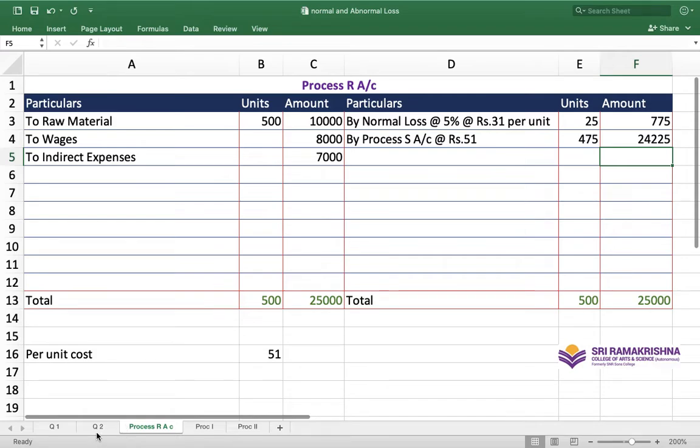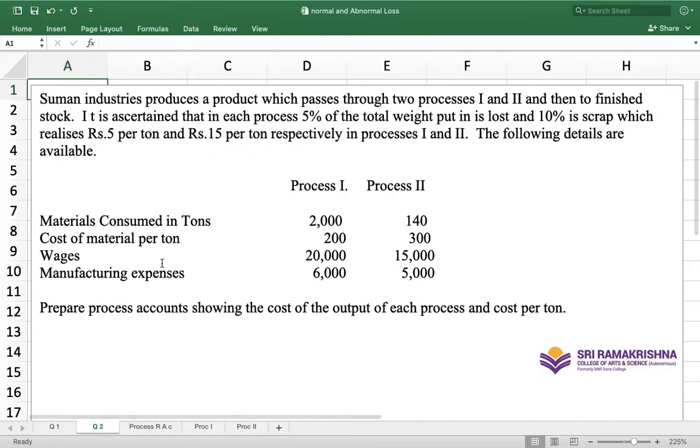Next, question number 2. The Suman Industries produces a product which is passing through two processes 1 and 2, and the material consumed is given in tons. For process 1 it is 2000 and for process 2 it is 140. The cost of material per ton is 200, and 300 for process 2. Other than that, we have two expenses, wages and manufacturing expenses.